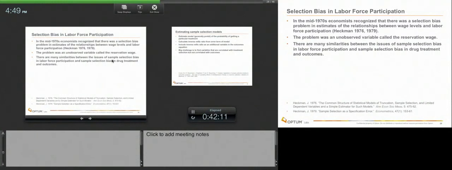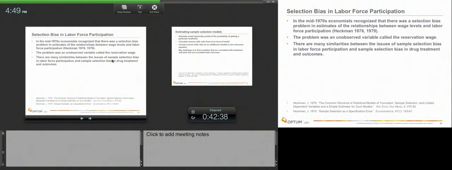You were only observing the wage-hours relationship for the people in the labor force. So economists said, what if some people aren't working because the wages being offered aren't even high enough to entice them into the labor force? This became known as the reservation wage: what is the wage that would be needed to entice people to go into the labor force?